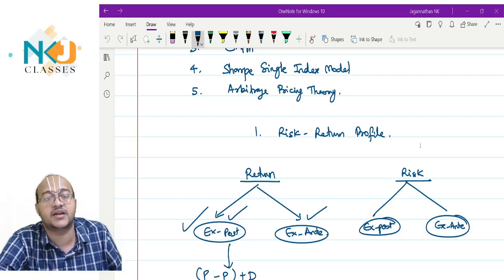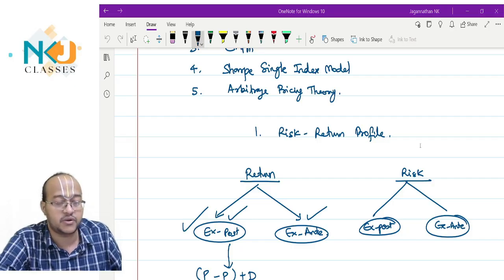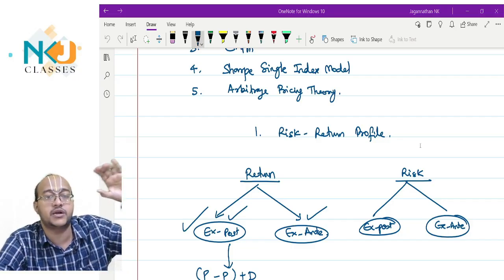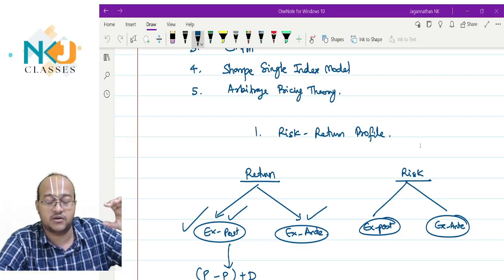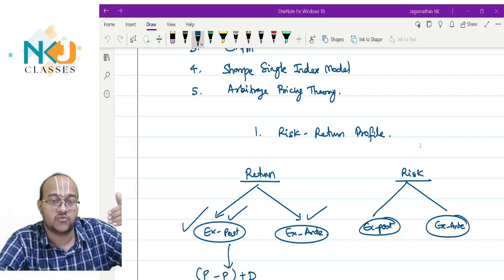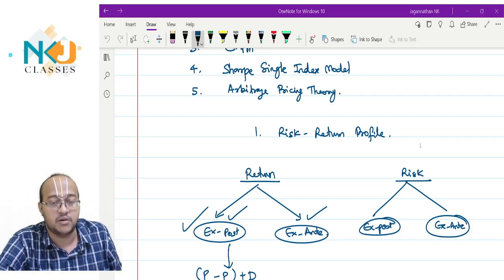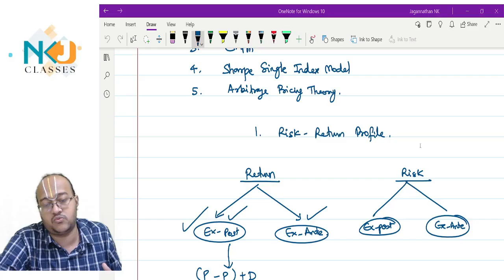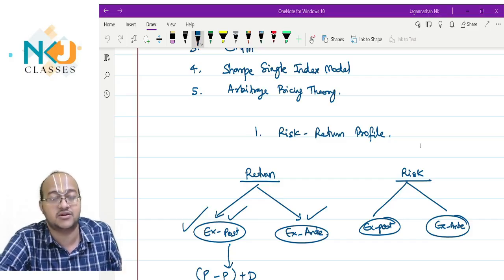It is nothing but weighted average return. While computing ex post return, how to compute average return? First we compute the individual return for each year, correct? But can we expect extremes? No, we can only expect the average and not the extreme.